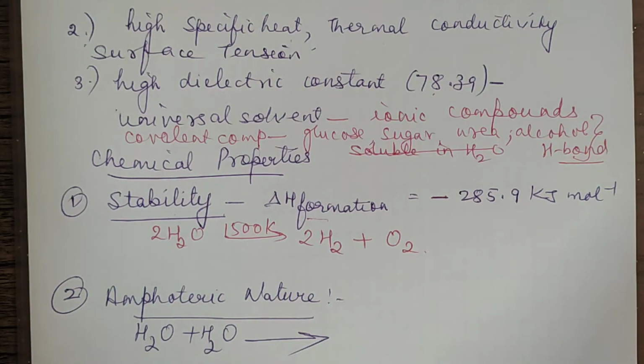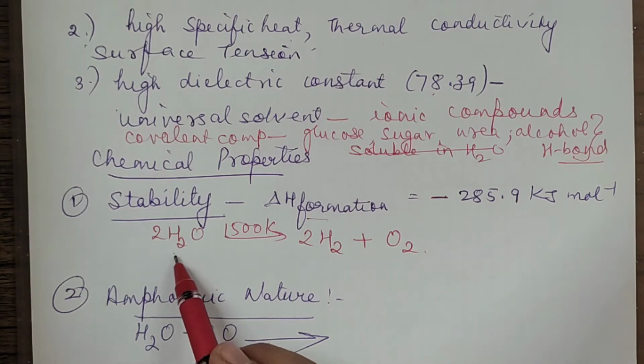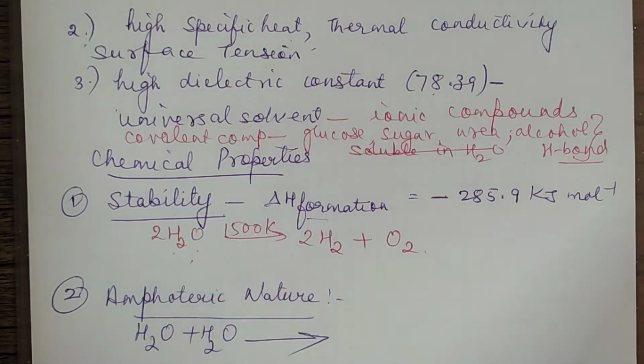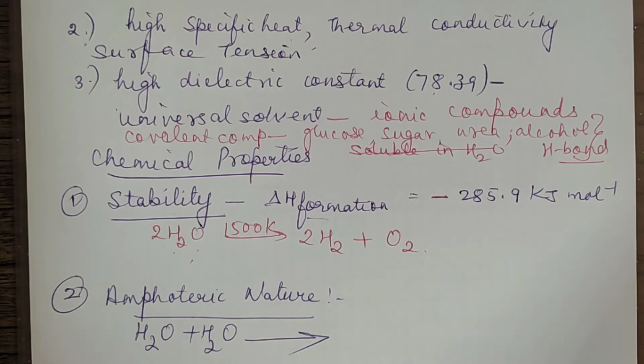Otherwise the extent of decomposition is not that much, but at high temperatures it does decompose. Otherwise, on electrolysis, when electric current is passed, even then it can decompose into hydrogen and oxygen.